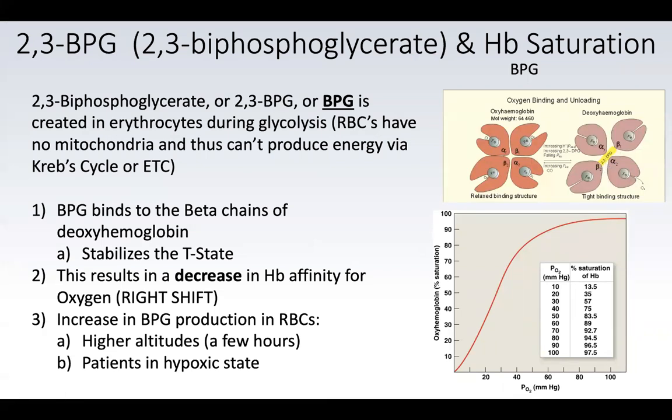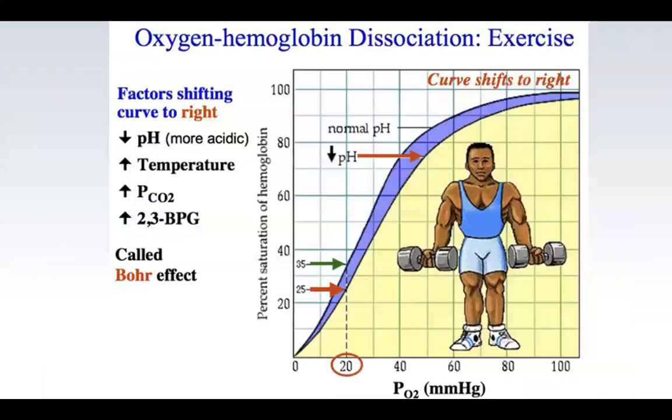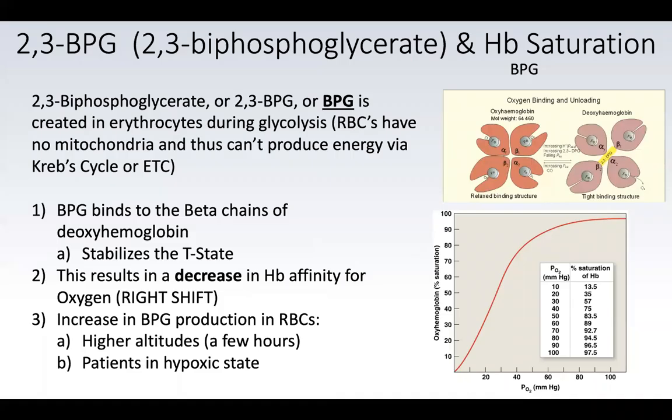2,3-BPG, that's a mouthful, stands for 2,3-biphosphoglycerate. Know both the long name as well as its abbreviation. You are responsible for it. In a lot of medical literature, it's also referred to as simply BPG.